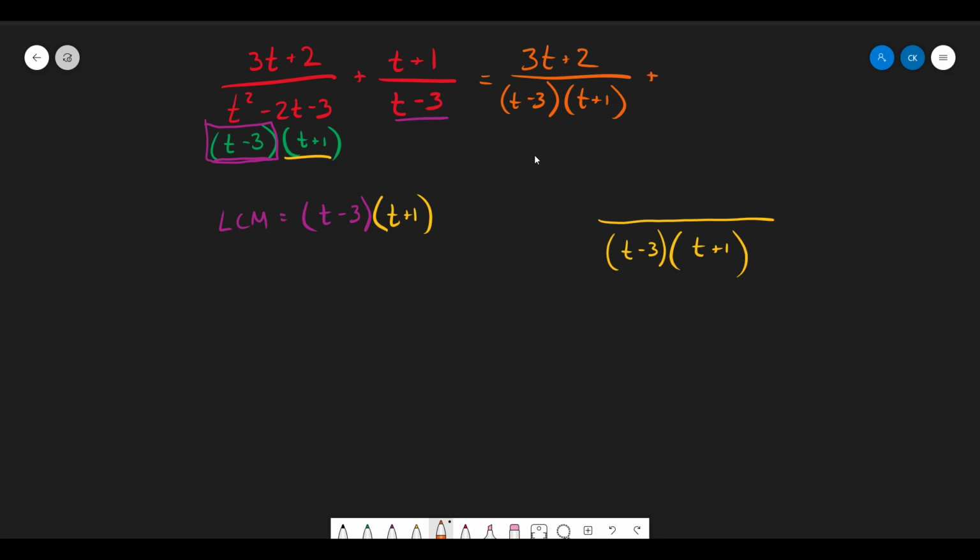But now I look at the second fraction here, a rational expression. The LCM is t minus 3, t plus 1. This denominator is just t minus 3. What's missing? Well, obviously the t plus 1 is missing. So what I'm going to do is multiply the numerator and the denominator by t plus 1.